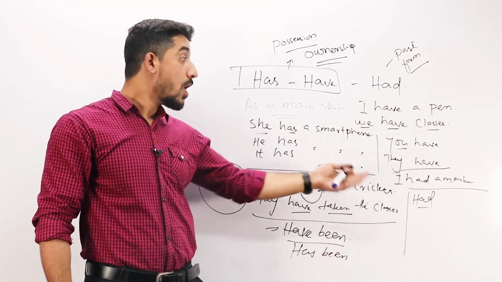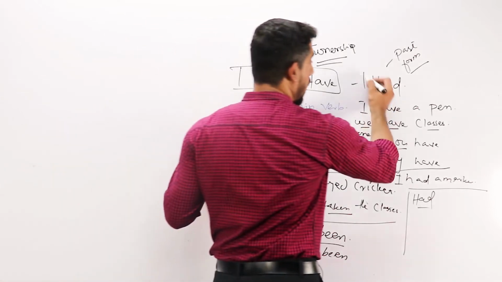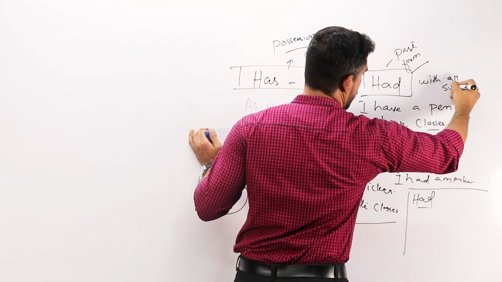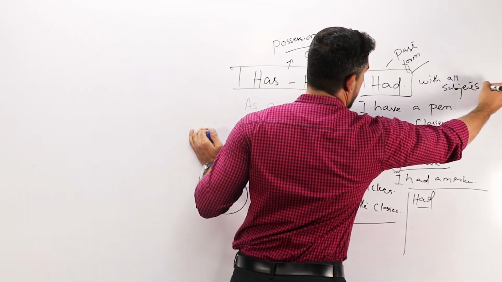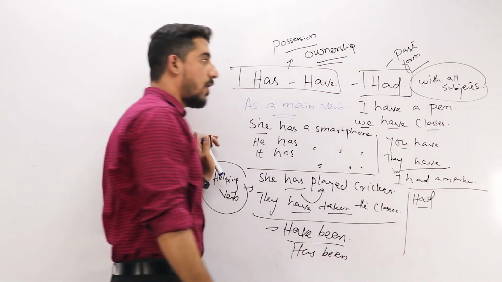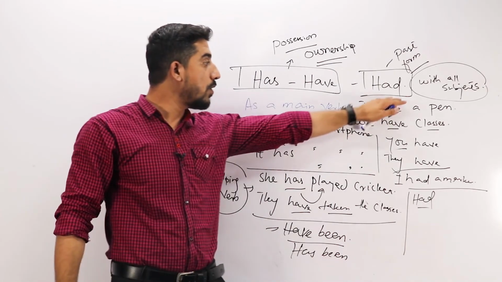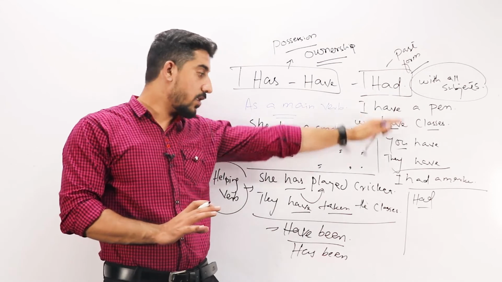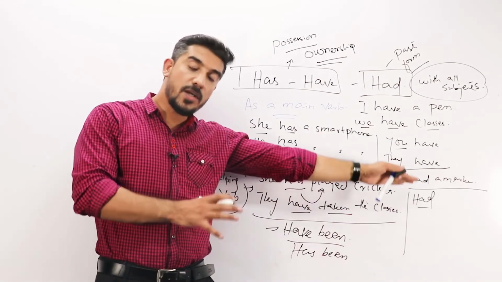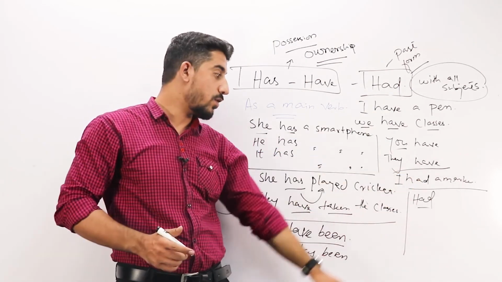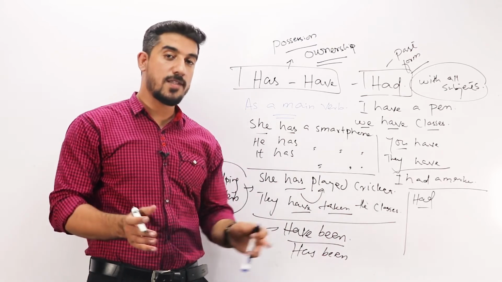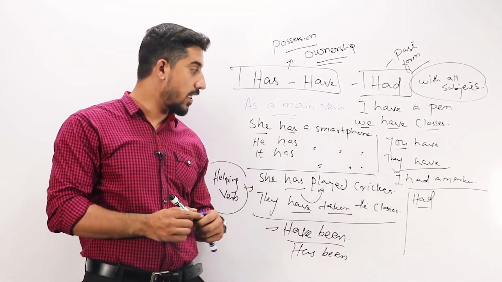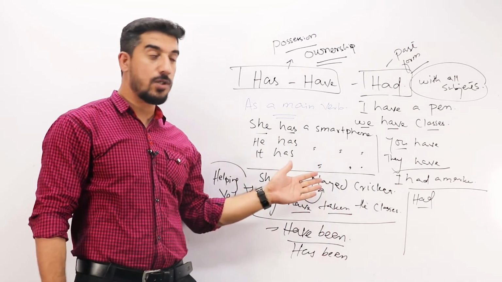He had played. We use had with all subjects. As a main verb in past form, and as a helping verb, we still use it with all subjects. Had is the past form of both has and have. I hope it's clear to you.